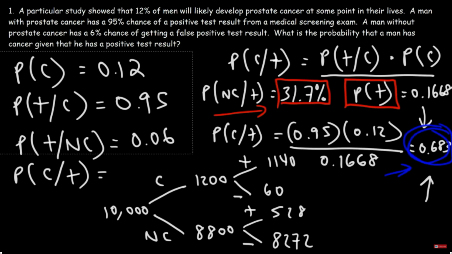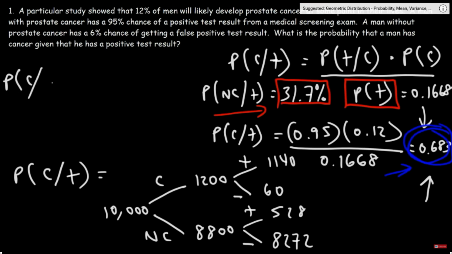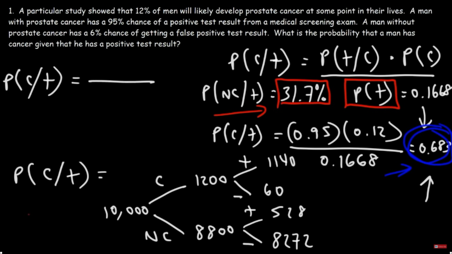So let me clear away a few things. So the probability that a person has cancer, given that the person has a positive test result, is going to be, well, let's break it up into two parts.